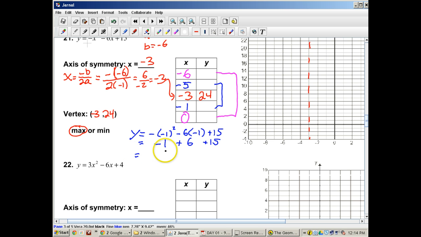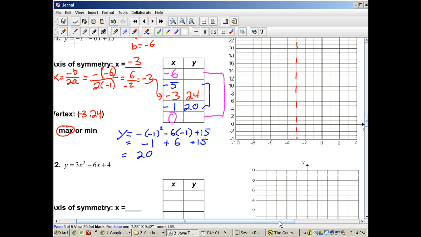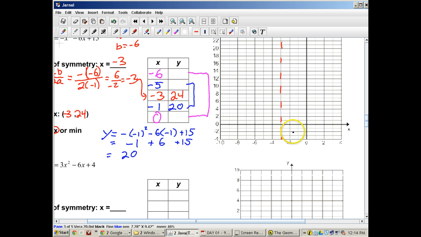Okay. I got 20. Is that what you got? 20. So I'm going to go to negative 1 and go up to 20.